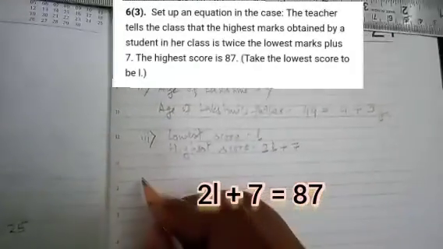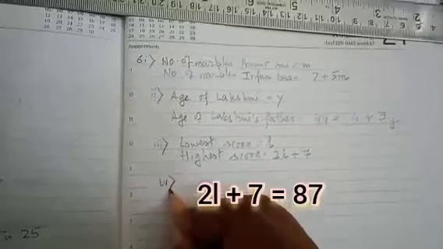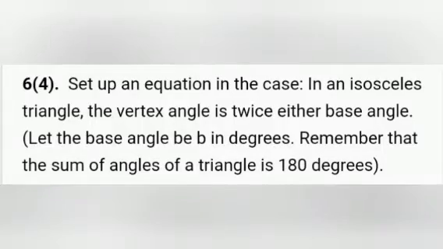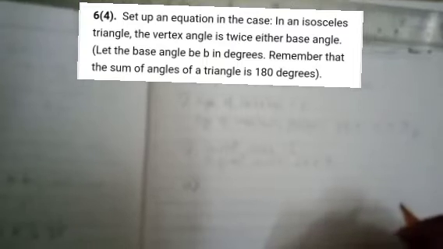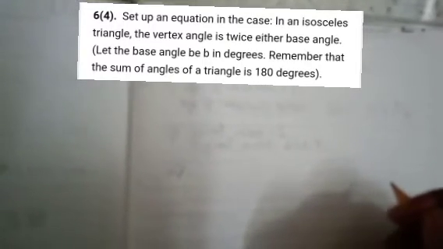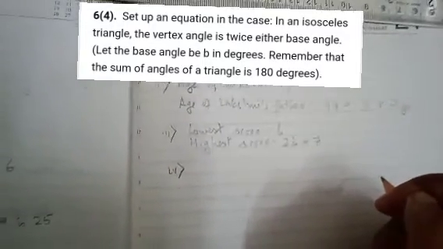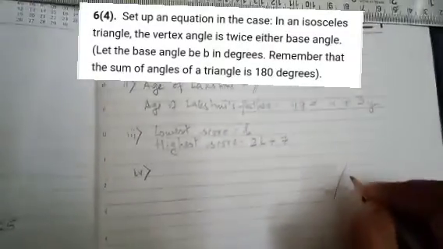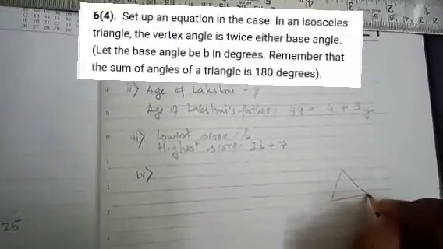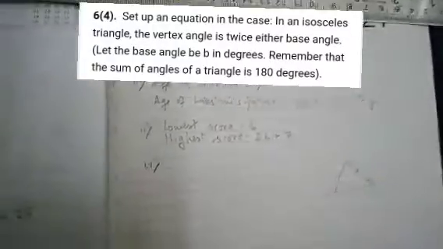Okay. Then coming to the fourth question. In an isosceles triangle, the vertex angle is twice either base angle. Let the base angle be B in degrees. Remember that the sum of the angles of a triangle is 180 degrees. Here the question says it is an isosceles triangle, wherein two sides are equal.